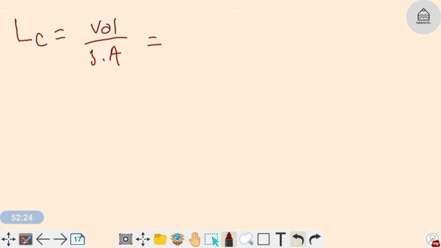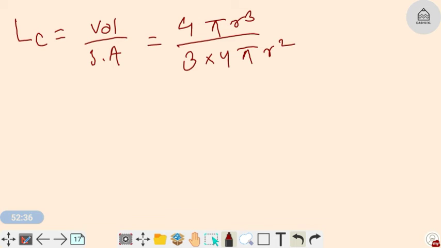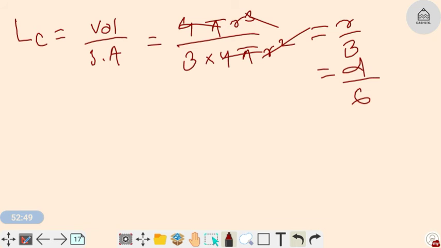As it is a sphere, the volume is 4 by 3 pi r cube and the surface area is 4 pi r square. 4 pi gone, it is r by 3, or d by 6.